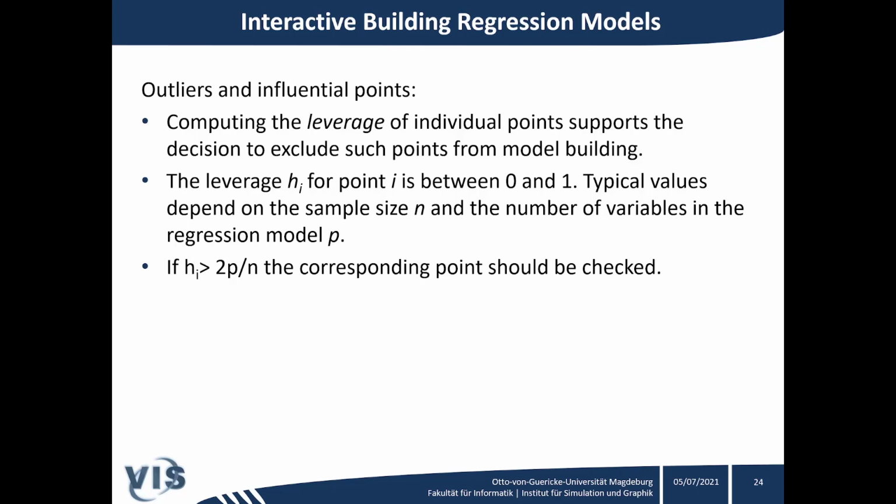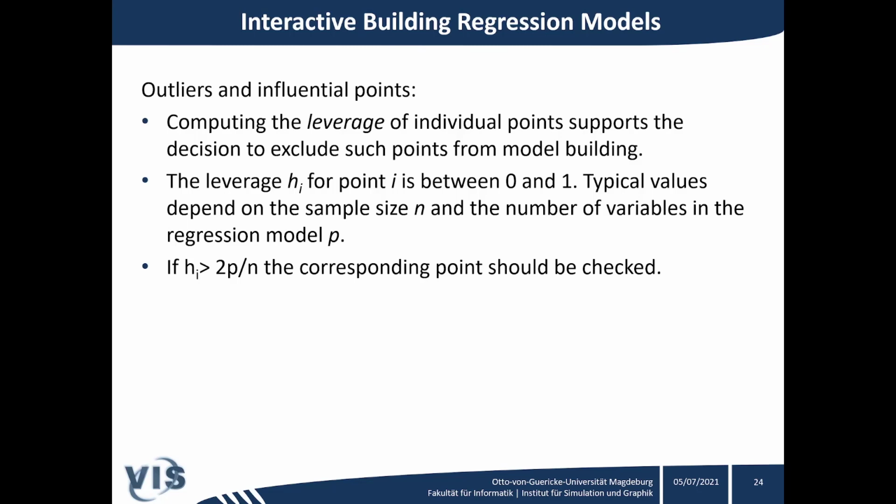There are two types of points that need specific consideration. An outlier is any point that's far away from the rest of the data. So there are different definitions and ways of quantifying them, depending on how you define far away.